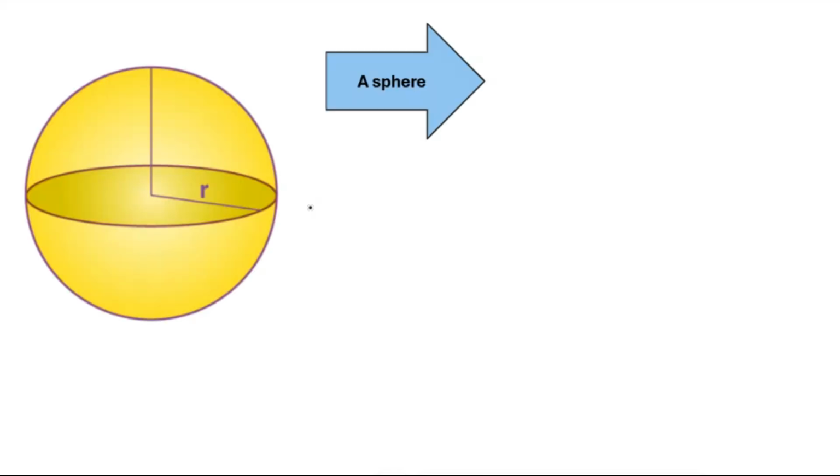If the radius of a sphere decreases by 0.1%, find the percentage decrease in the volume.